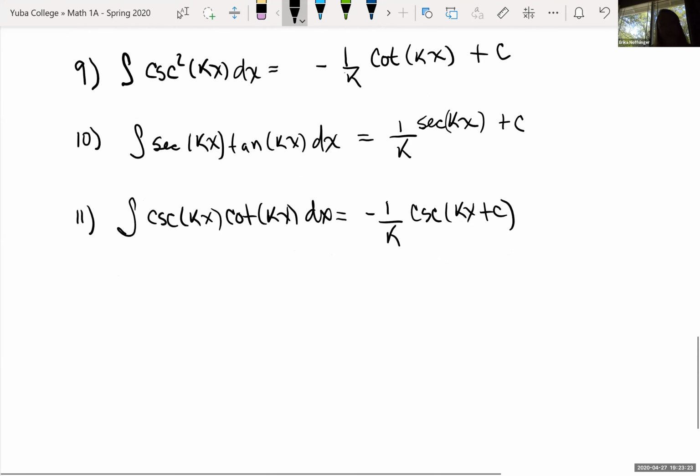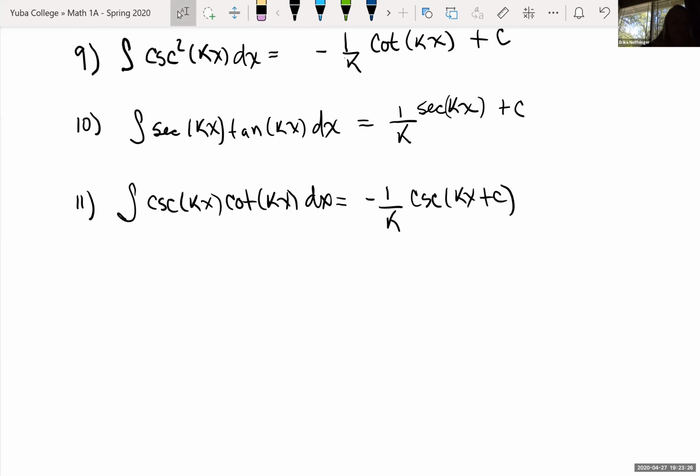Then unfortunately we also have to look at the inverse trig functions, so kind of going backwards.